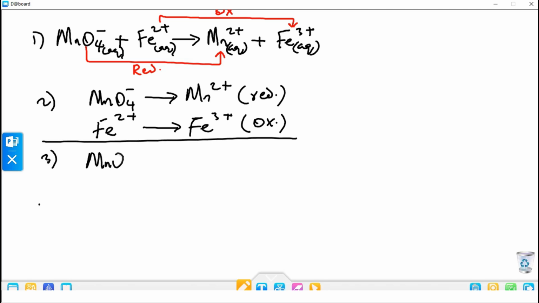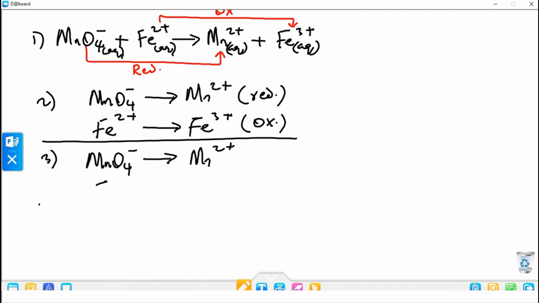Now MnO4 minus to manganese 2 plus. We can see that the atom other than oxygen and hydrogen here is manganese itself. So is manganese balanced right and left? Yes, manganese is 1 at the left and 1 at the right. So it means manganese is balanced.